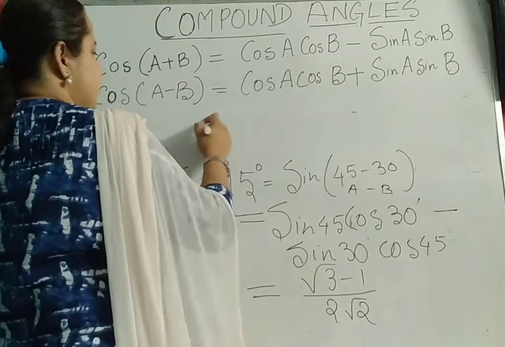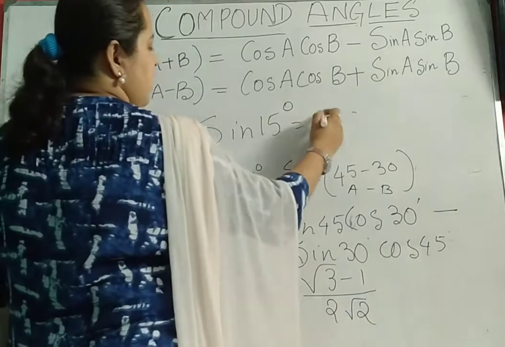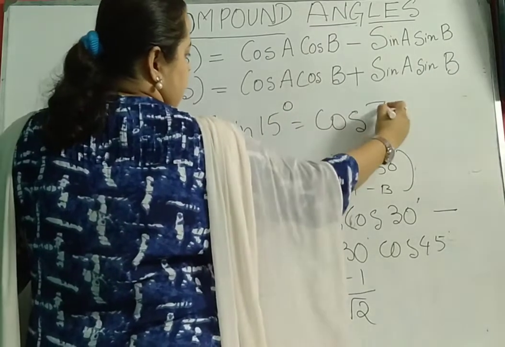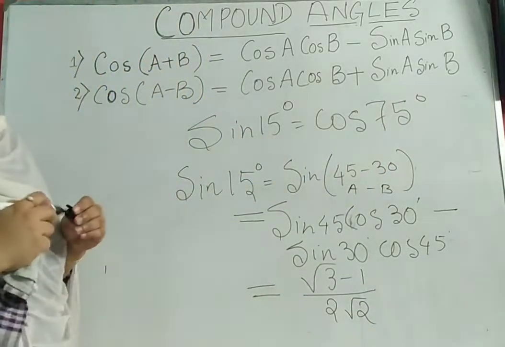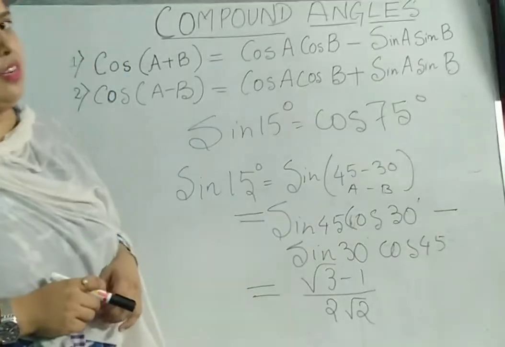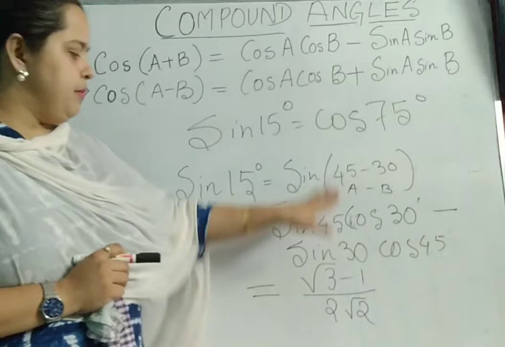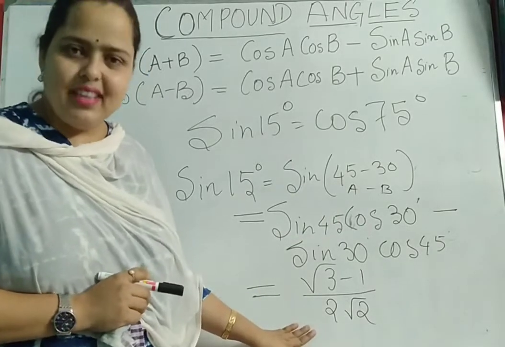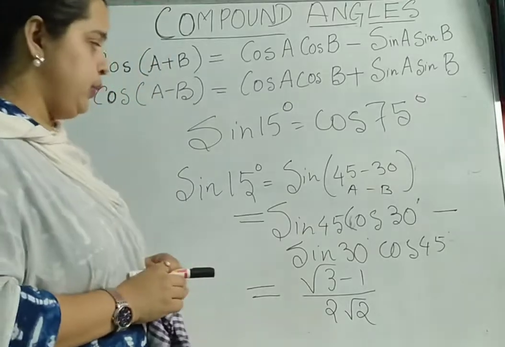Can I write sine 15 as cos 75? Yes or no? Because sine and cos are complementary to each other, isn't it? So both of them are going to give me the same value, root 3 minus 1 by 2 root 2.